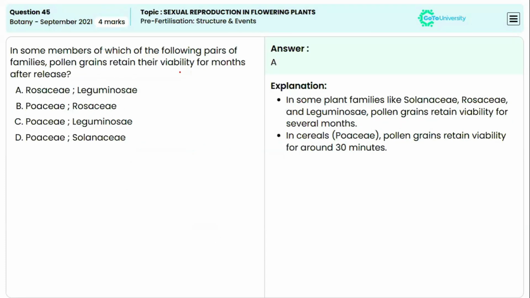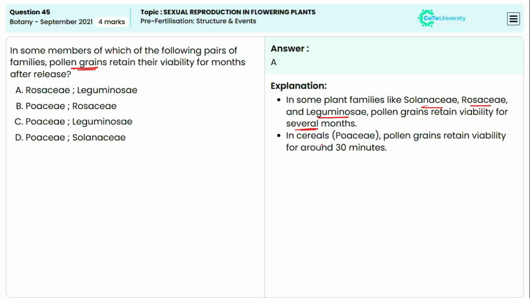Now, moving to the next question: in some members of which of the following pairs of families do the pollen grains retain their viability for months after release? We know that in dicot families like Solanaceae, Rosaceae, and Leguminosae, the pollen grains retain viability for several months.